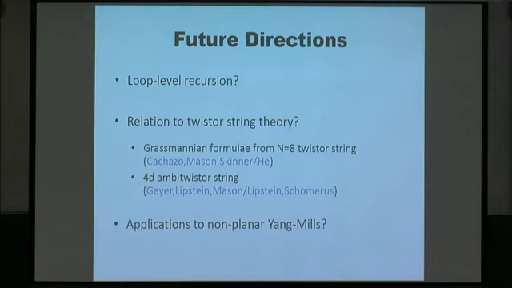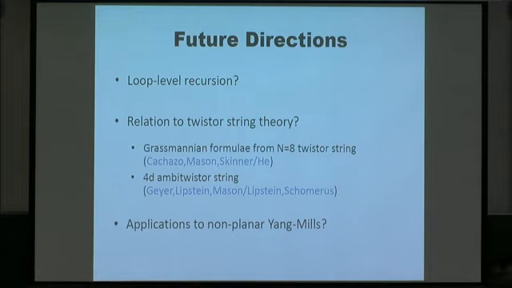This has been done successfully at one loop and perhaps higher loops for 10-dimensional supergravity using an ambi-twistor string framework. And then there's been some work on what's called a 4D ambi-twistor string, because it's intrinsically four-dimensional in the sense that the target space consists of spinors. And there the status of loop amplitudes is less clear.